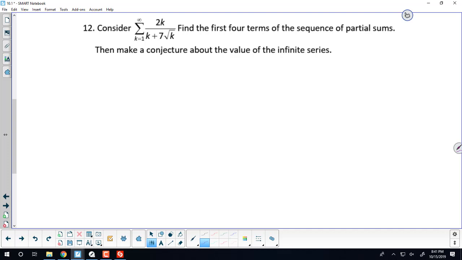First 4 terms of the sequence of partial sums. Actually, before we find the sequence of partial sums, we need to find what this series is composed of. What are the terms of this series? We're after the first 4.